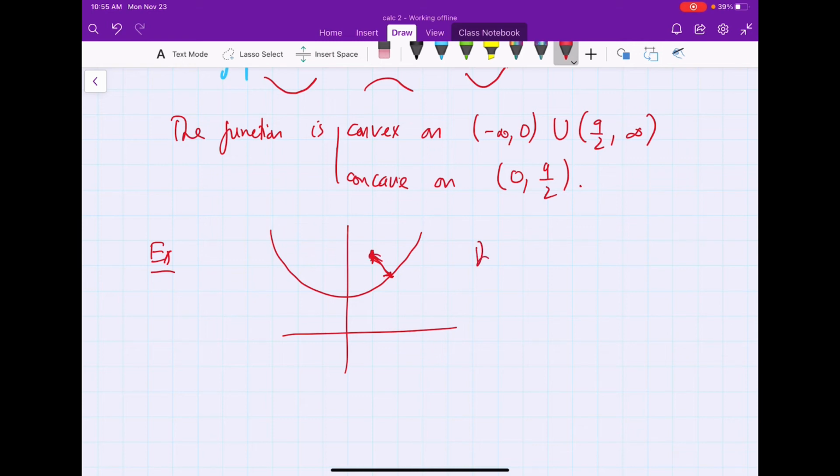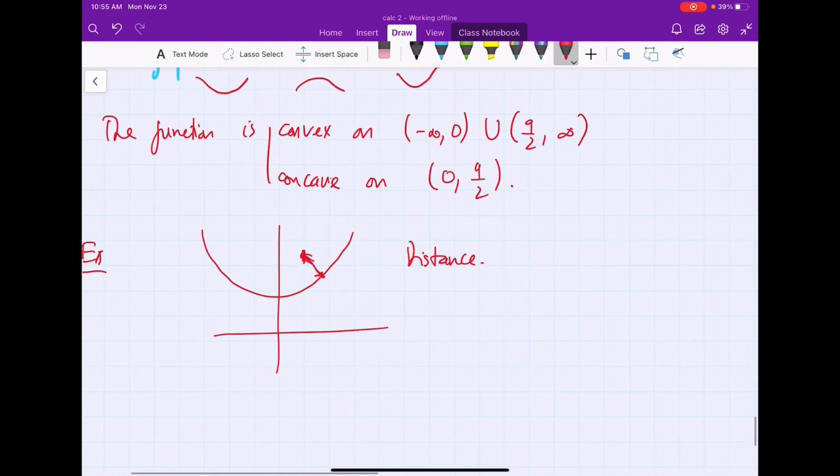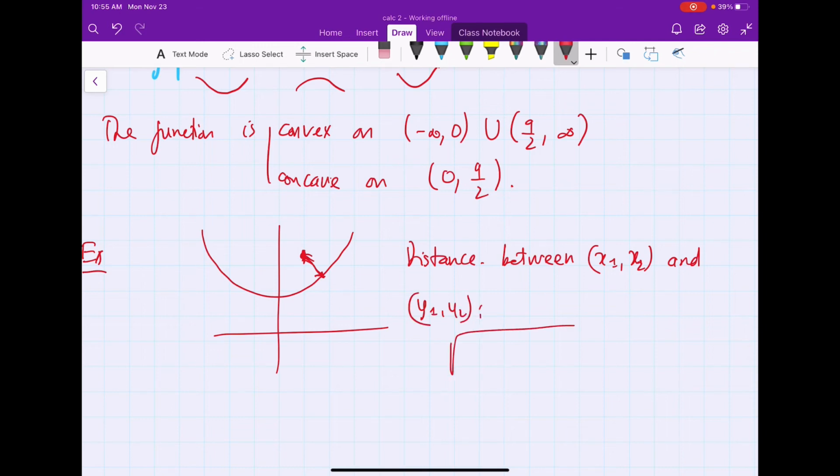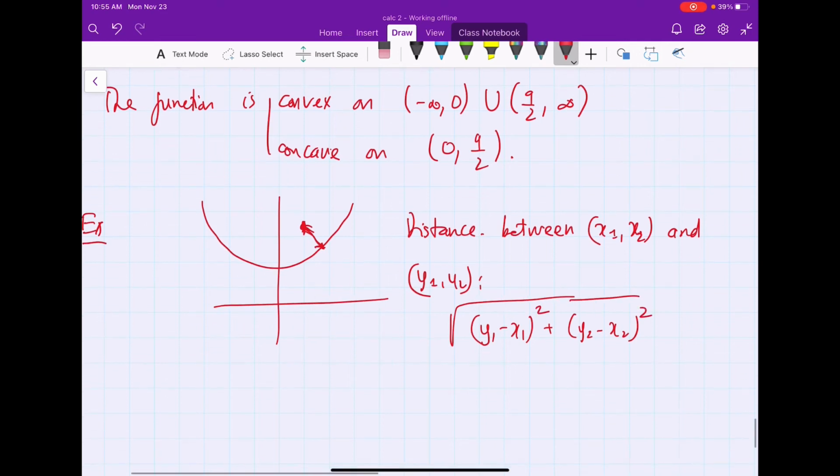So we know the distance between 2 points, let's say between x1, y1 and x2, y2.